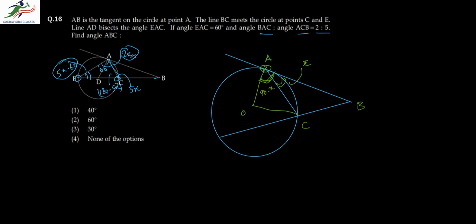So this is very clear, and OA and OC are both radii of the circle, so they are equal. So therefore the corresponding opposite angles will be equal. So angle OCA is also 90 minus x, and therefore angle AOC is nothing but 2x, so that the sum of the angles in the triangle AOC adds up to 180 degree.